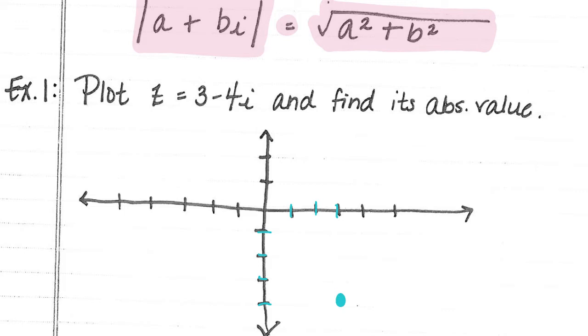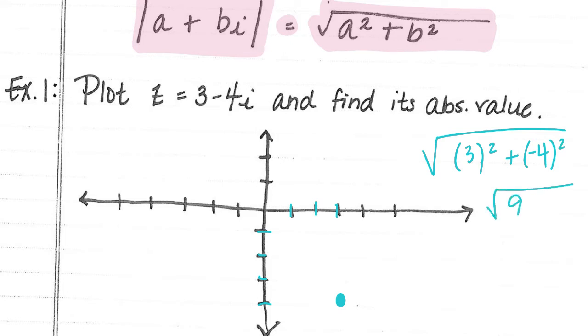And then to find the absolute value, remember I'm taking the square root of 3 squared and negative 4 squared. And how nice that this one turns out as the square root of 9 plus 16, which we know is the square root of 25, which is 5. That was very nice and user-friendly.